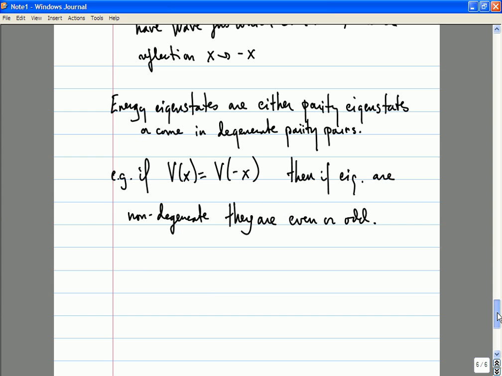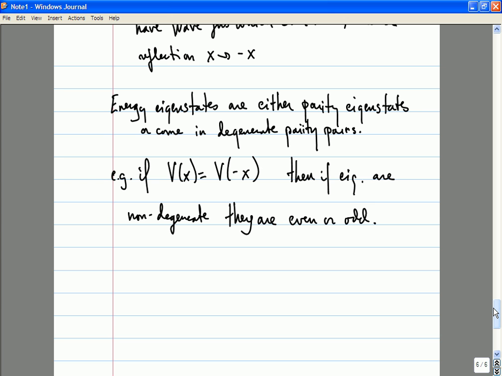A typical example might be the simple harmonic oscillator, where the nth eigenstate, with n excitations, has parity minus 1 to the n. So the ground state is even, the first excited state is odd, and so on and so forth.